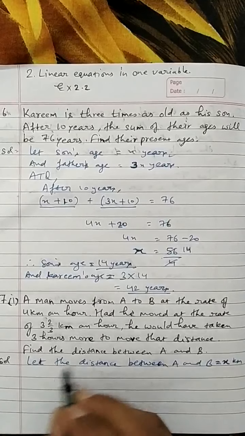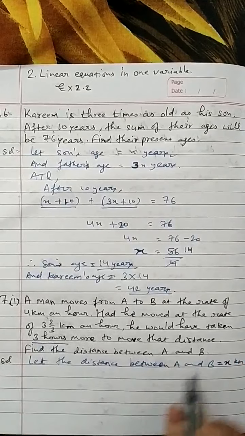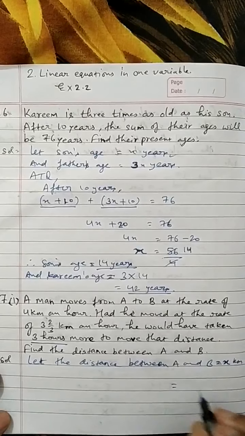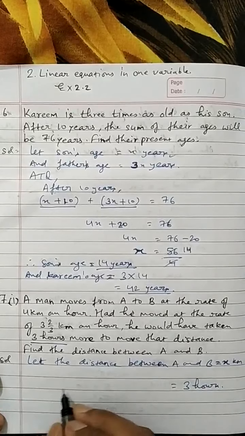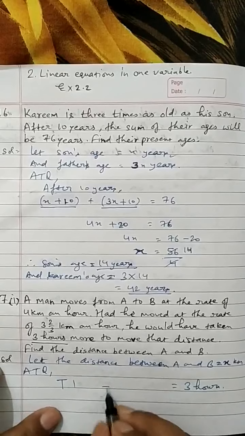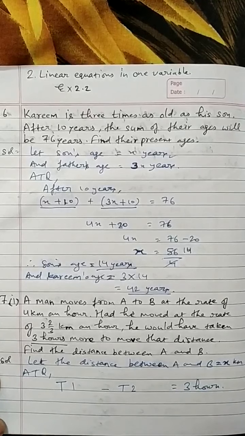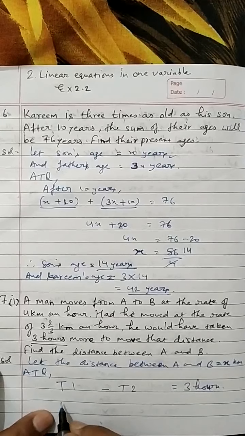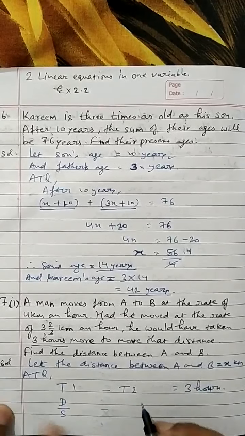So this 3 hours is the difference between two times. According to the question, time 1 minus time 2. The difference between two timings is 3 hours. The formula for time is distance upon speed.